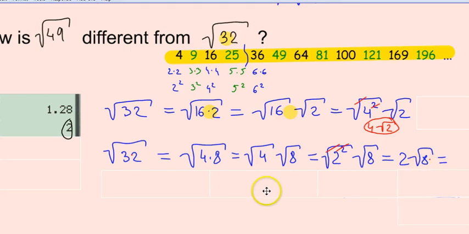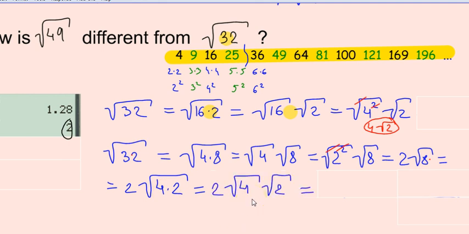It's going to be 2 multiplied by square root of 4 times 2, because now you're introducing the 8 as a product of the biggest perfect square number and the 2. Then you will continue with preserving your 2 and breaking this product into radical 4 times square root of 2. Now, this is our perfect square number. As we take a square root of it, we will use a notation 2 to the second power.